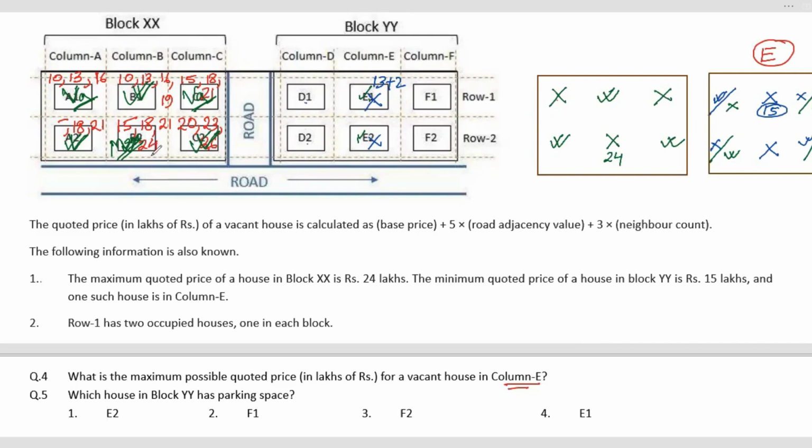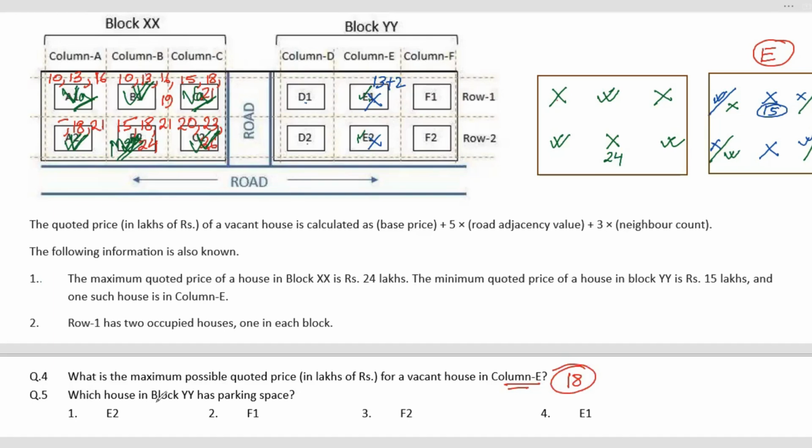So the other one, for maximum possible, how many neighbors can be occupied? 1, either here or here. It is not occupied. So basically it can be 15 plus 3, 18, but it cannot be parking. So definitely 18. The maximum possible value of these will be 18.